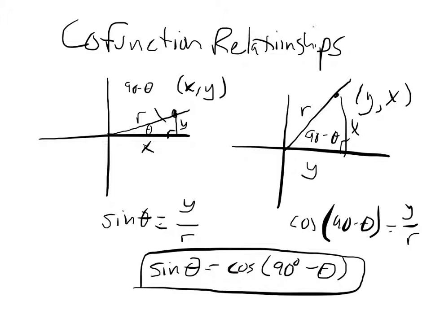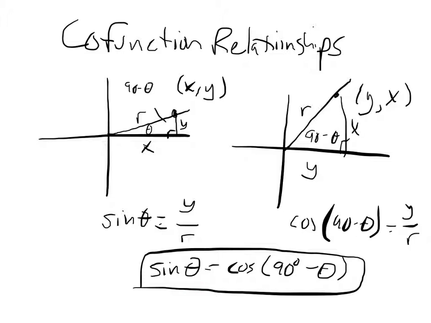Now, I did this with an acute angle in standard position in the first quadrant, and we looked at right triangles. Certainly it was convenient to look at right triangles, but this cofunction relationship will hold for angles theta that are negative, positive, what have you.